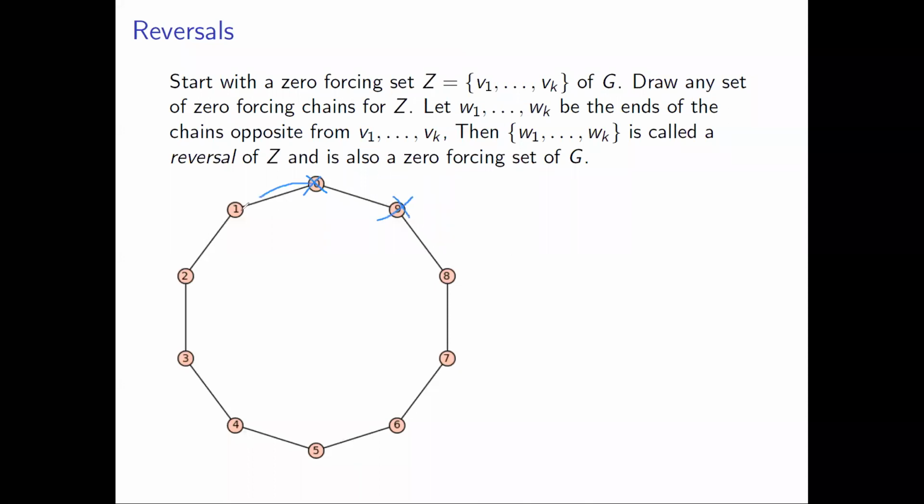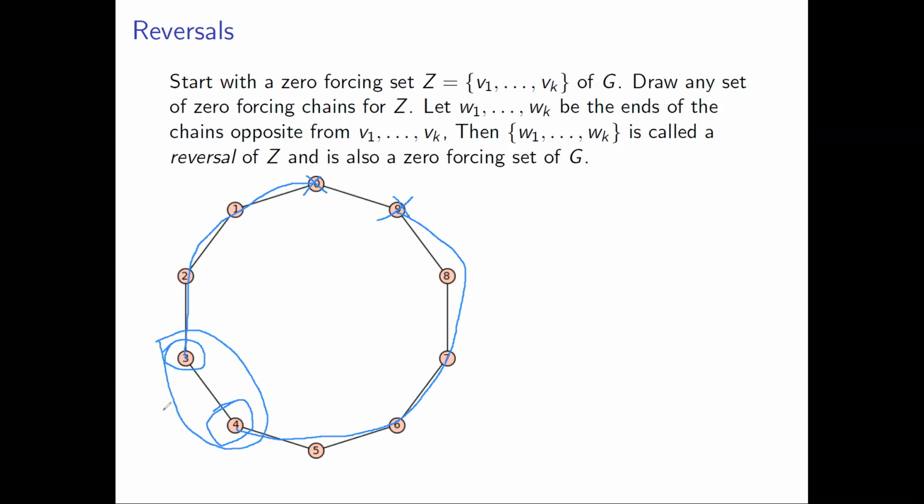We pick some zero forcing chains for it. And the endpoints of those chains, that gives us the reversal. And note that there will be multiple choices of the reversal for this cycle here, because there's multiple ways to choose the zero forcing chains. And right here, this reversal is a zero forcing set.